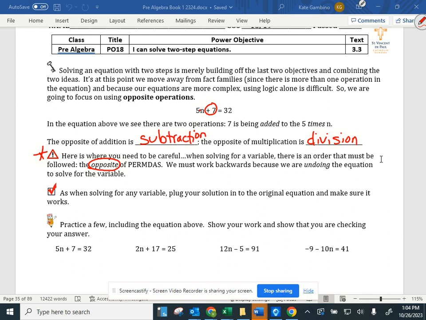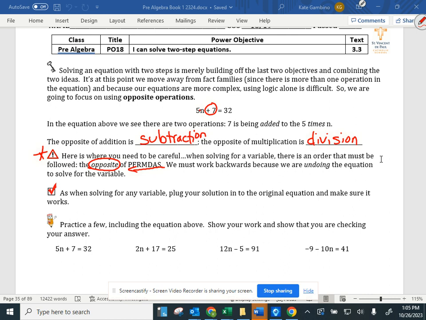So we're going to do SADMEP. So instead of doing PEMDAS, now we're doing SADMEP. We must work backwards because we're undoing the equation to solve for the variable. We're not solving the equation, we're undoing the equation.